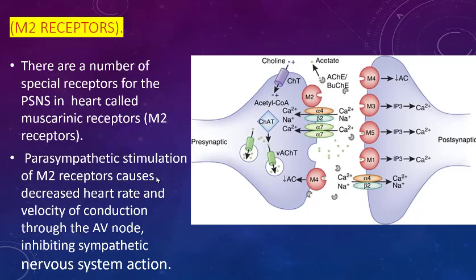Parasympathetic stimulation of the M2 muscarinic receptor causes decreased heart rate and velocity of conduction through the AV node, inhibiting sympathetic nervous system action. So these M2 receptors act on the AV node and slow down the heart rate by inhibiting the sympathetic activity. These are the M2 receptors which are present in the heart.